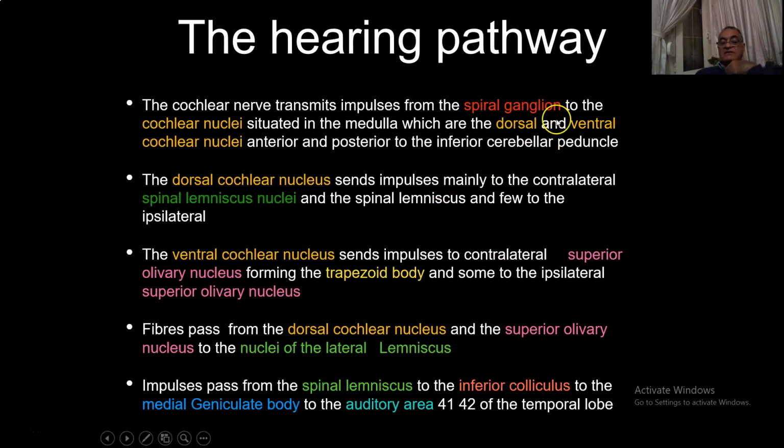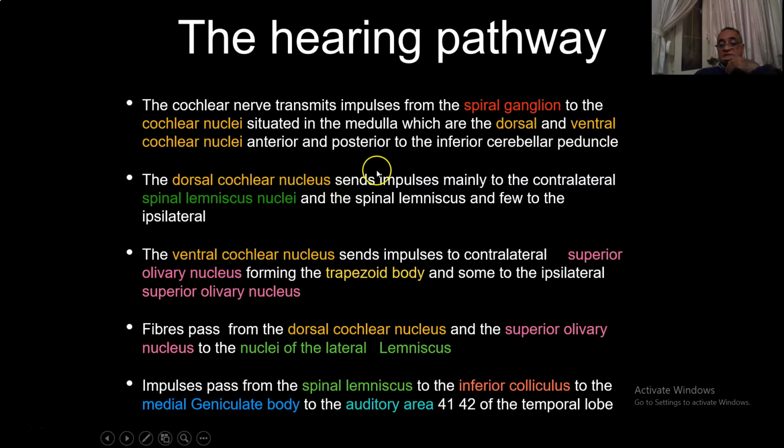Hearing pathway, as we said: from the spiral ganglion, the central axons form the cochlear nerve, which will reach the cochlear nuclei situated in the medulla, which are the dorsal and ventral cochlear nuclei, ventral and dorsal to the inferior cerebellar peduncle or the restiform body.